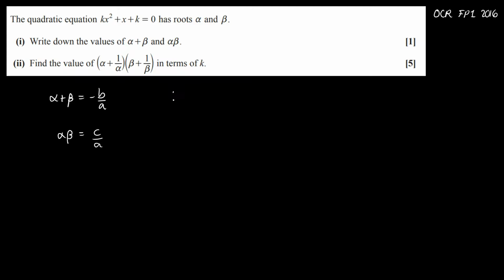Now for our quadratic, a is k, I'm reading this off of the top here, b is 1, and c is k. That's the quadratic we've been given in the question. So minus b over a is minus 1 over k, and c over a is k over k, which is, of course, 1. So hopefully that makes sense.